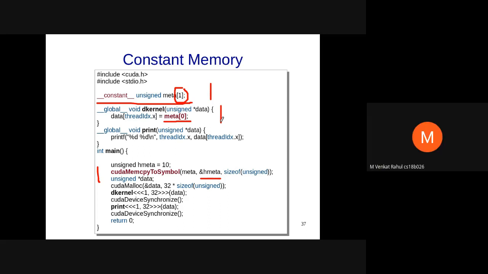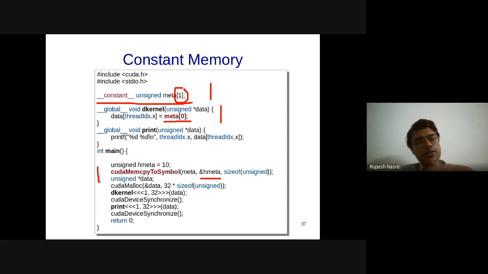Sir, I just wanted to know if texture and constant memory are on the same level in the memory hierarchy. Are they one level below shared memory, or on the same level as shared memory? I'm guessing they use cache. Yeah, so texture and constant memory are actually at the level of DRAM.